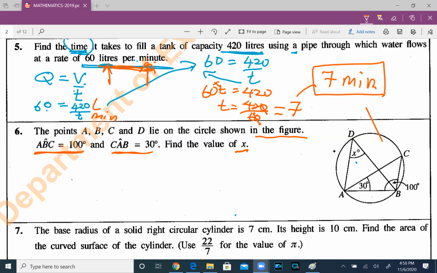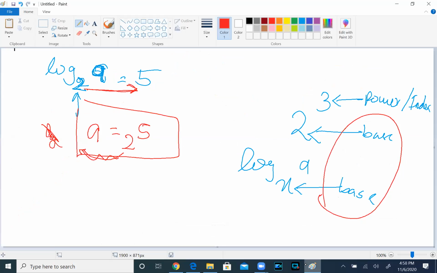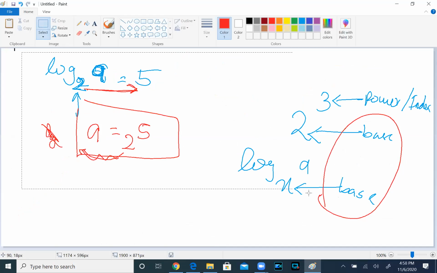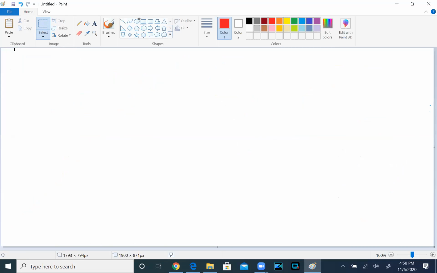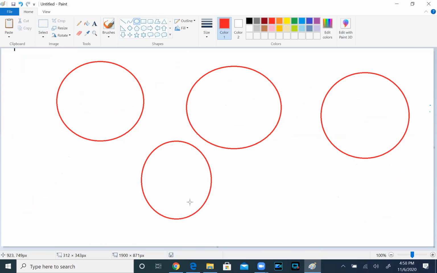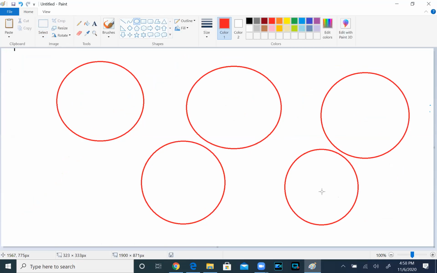If you know those 5 angle-related theorems, so first one, 1, 2, 3, 4, 5, it's already on that bibliography page. Still, I will explain very quickly here.